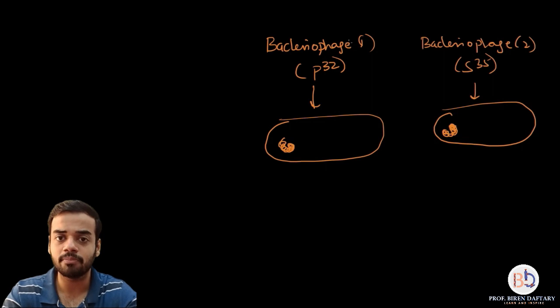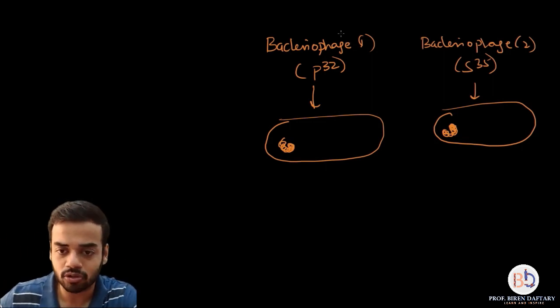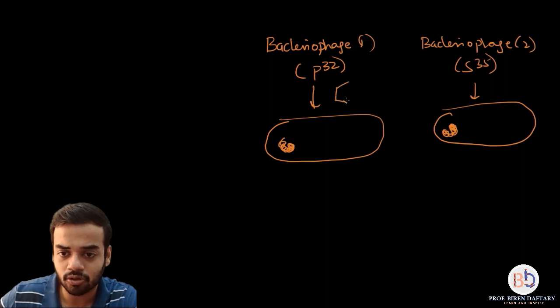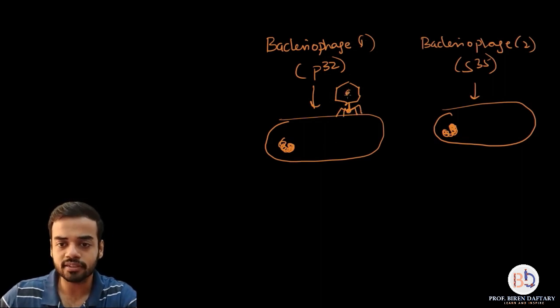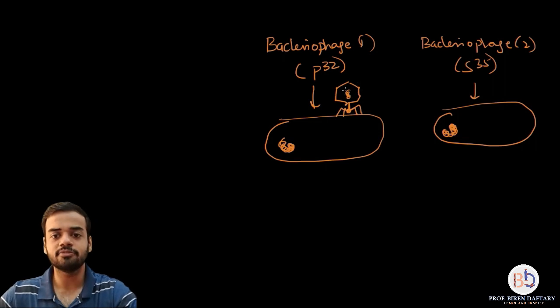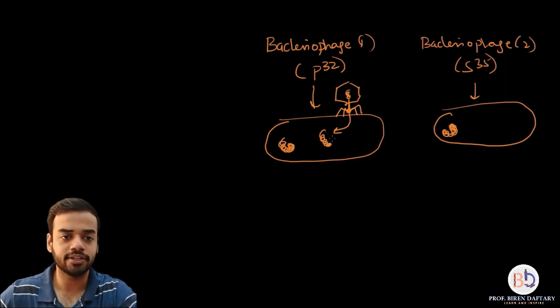In a similar way, bacteriophage, when it sits down, let me draw this. I thought I would save time by not drawing, but maybe it will be better if I draw. If this is the bacteriophage, and this is the DNA, then this bacteriophage injects this DNA inside the bacterium.